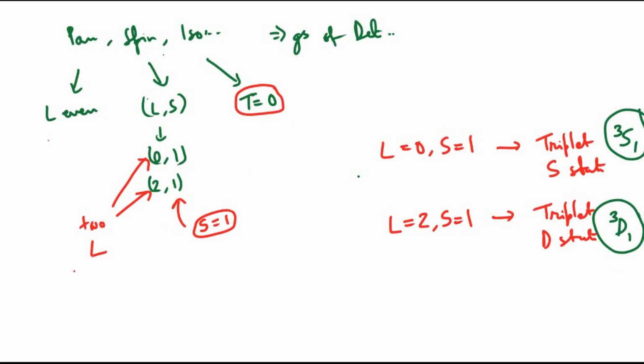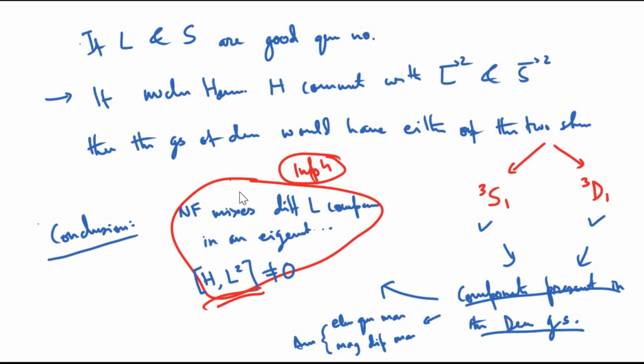So these are info 1, info 2, info 3, and now we have this info 4, that is, nuclear force mixes different L components in an eigenstate.